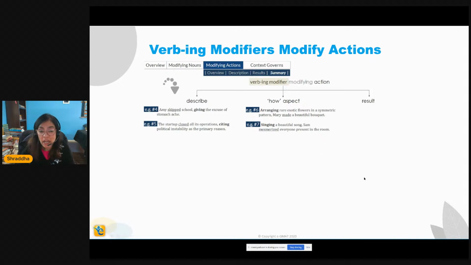Both are fine. However, this flexibility is not available to the verb ing modifier that has specifically been used to present the result. And I'll tell you the reason why.